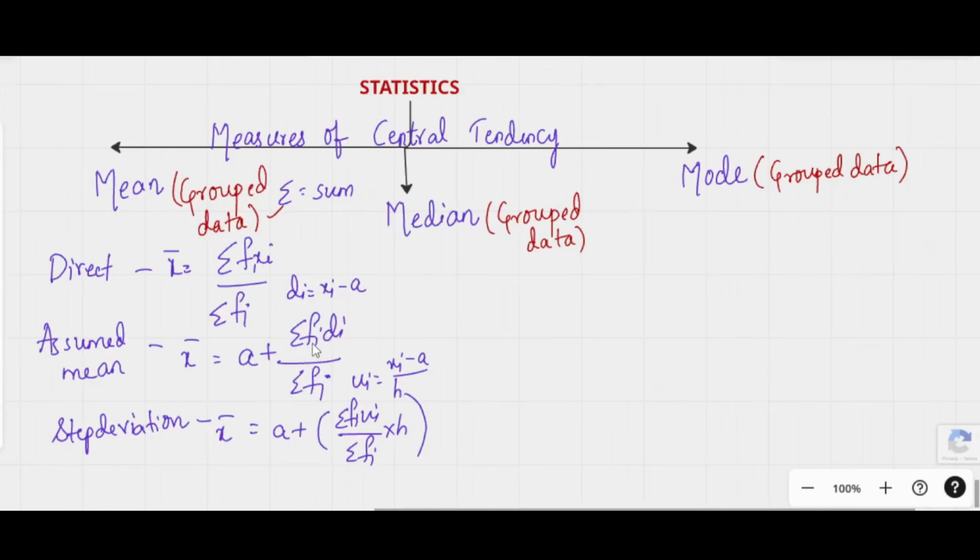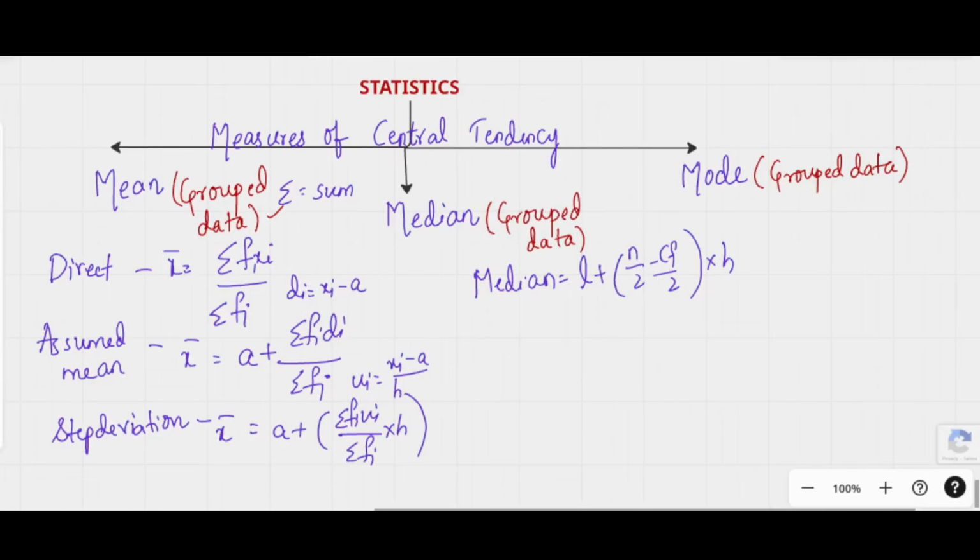Coming to the median, the median formula for the grouped data will be: median is equal to L plus n by 2 minus cumulative frequency, divided by the frequency, into h.